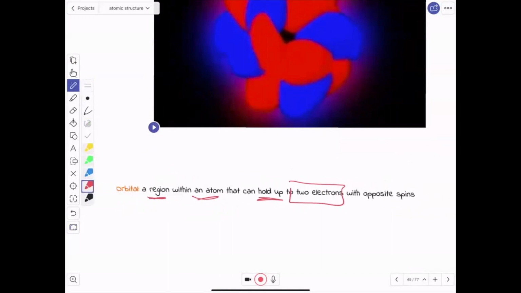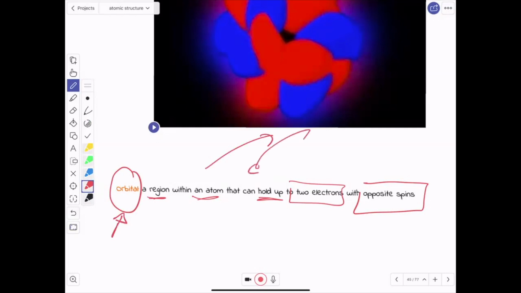So let's explain this definition. So again, how do you identify electrons? Since they run really fast and they're more like waves of light, it's really hard to determine where an electron is. So they came up with this new definition. We called it orbital. An orbital is somewhere around the nucleus.